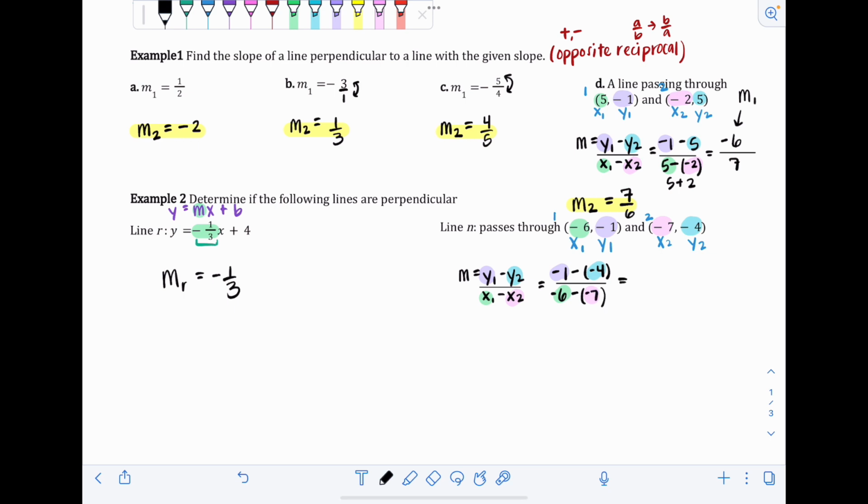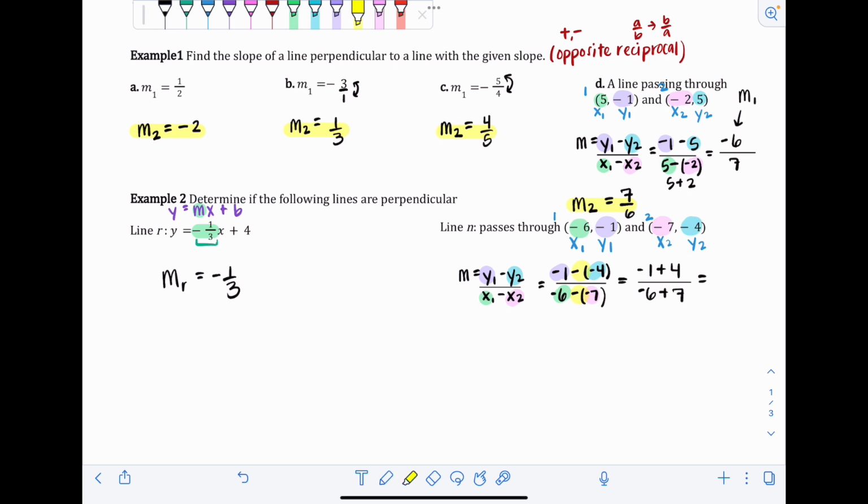And then we've got a bunch of double negatives here, so they all turn into plus. I'm just going to write that in the next line. So next would be negative 1, and then the minus negative 4 turns into a plus 4. And then the minus negative 7 would turn into a plus 7. So it'd be negative 6 plus 7.